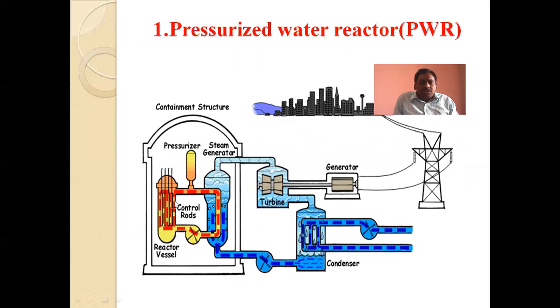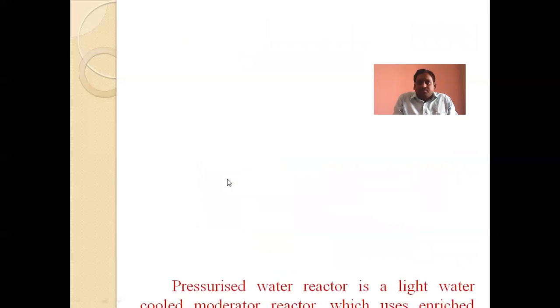But why is it not converted into steam? Because here it is a pressure vessel, and at high pressure the heat does not produce steam. In thermal power plants, the produced heat has only high temperature, and the produced steam has high pressure as well as high temperature. Here the vessel has high pressure, so the water does not convert into steam. In the steam generator or heat exchanger, the pressure is less, so the water is converted into steam.